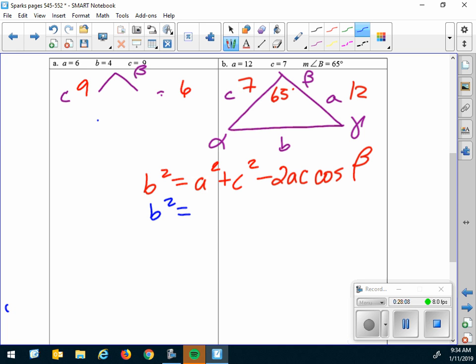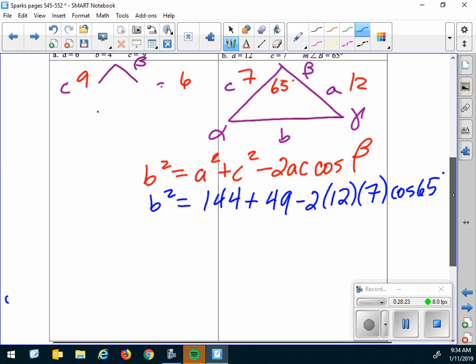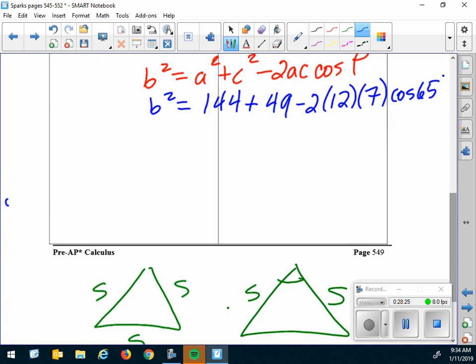B squared equals a squared plus c squared minus 2ac cosine of 65 degrees. Got it written down? Folks, you can go right to your calculator and type that in just like that.